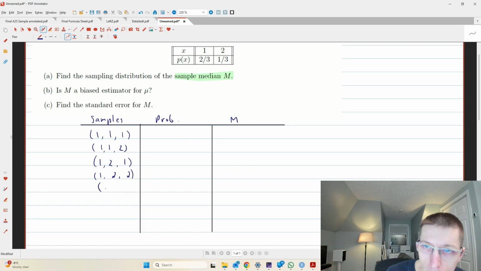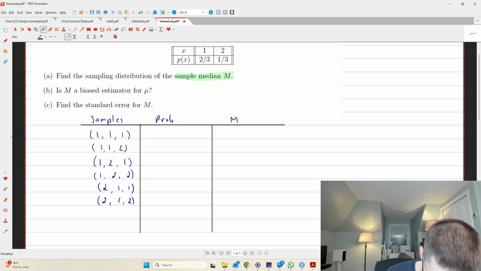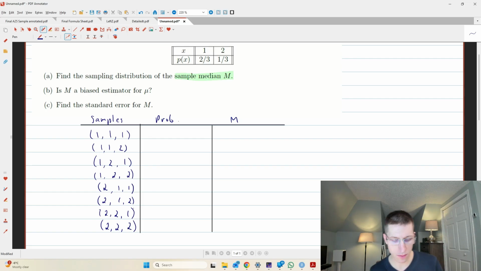I'm just listing them all. Those are all the ones that start with 1, and now I'm going to do the ones that start with 2. Okay, so those are all the possible samples.